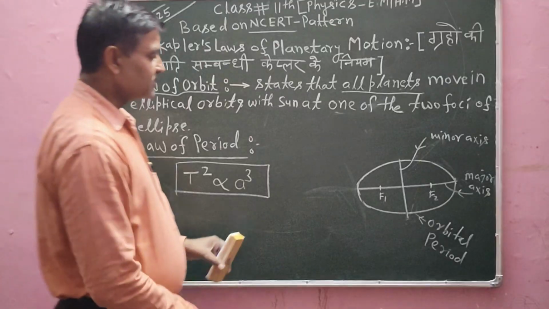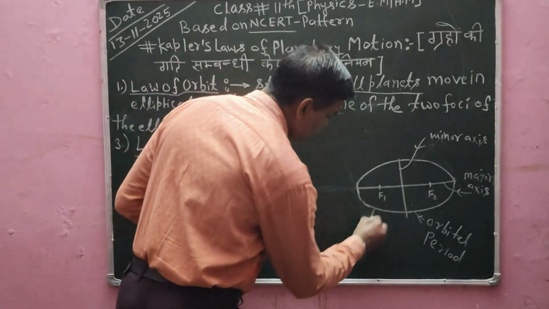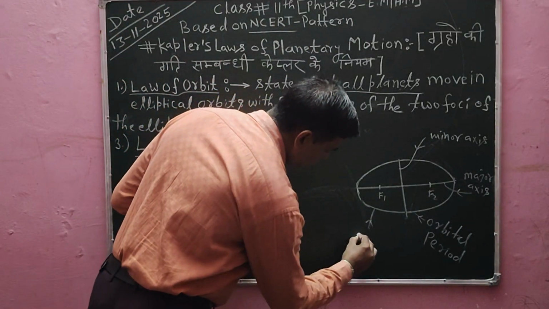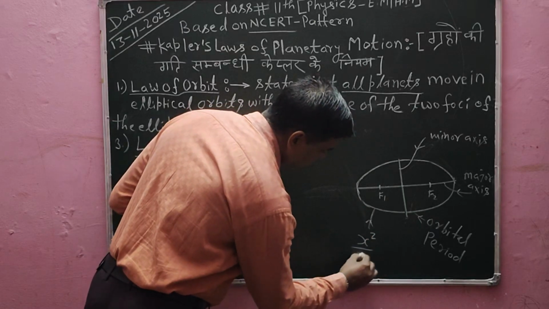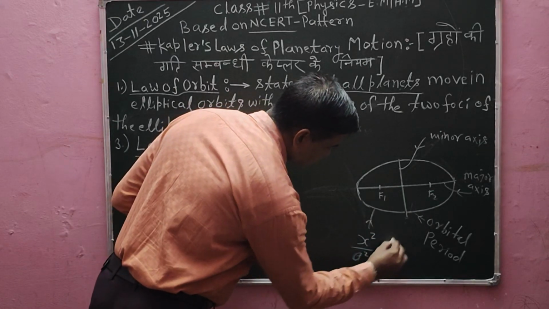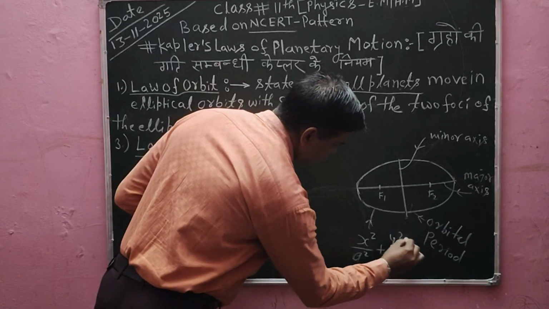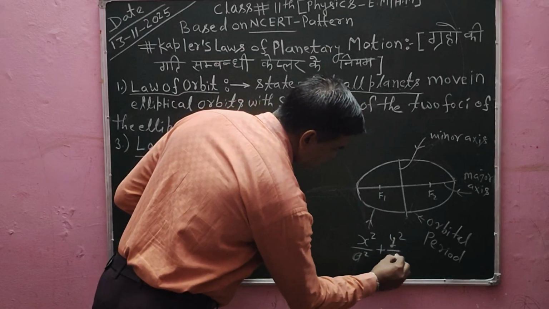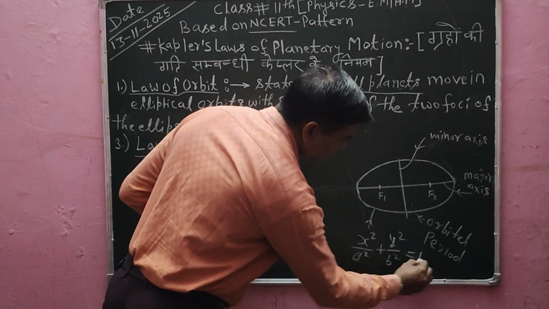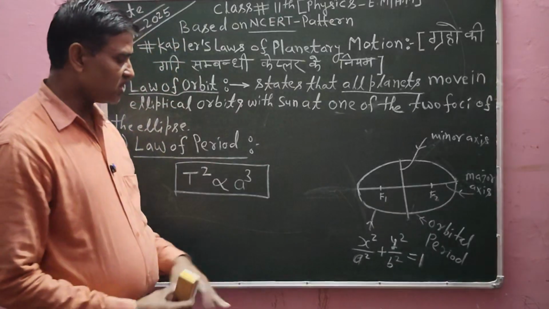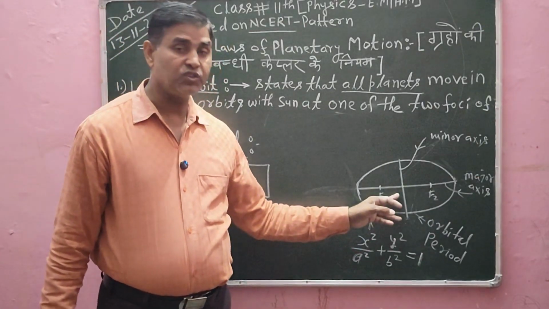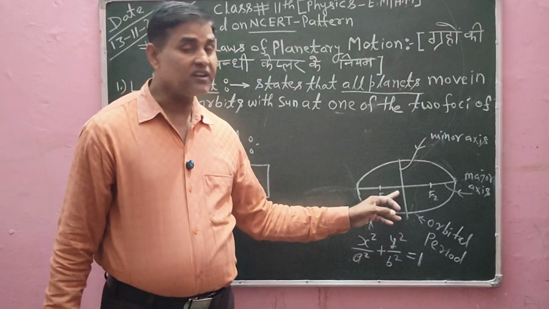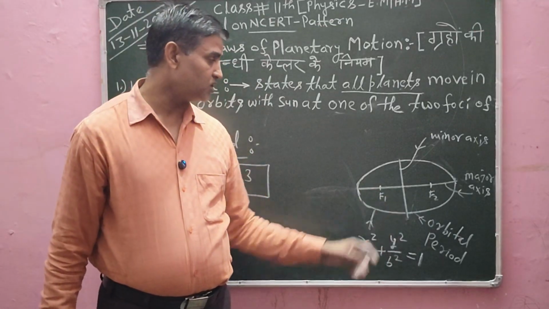Okay, so the general formula of an ellipse I have to write in standard form: x squared divided by a squared plus y squared divided by b squared equals 1. So this is the standard equation of the ellipse. Its center will be the origin, with coordinates 0 comma 0.